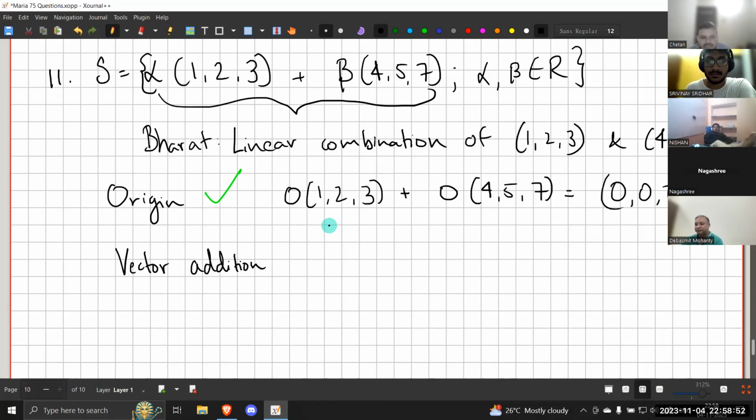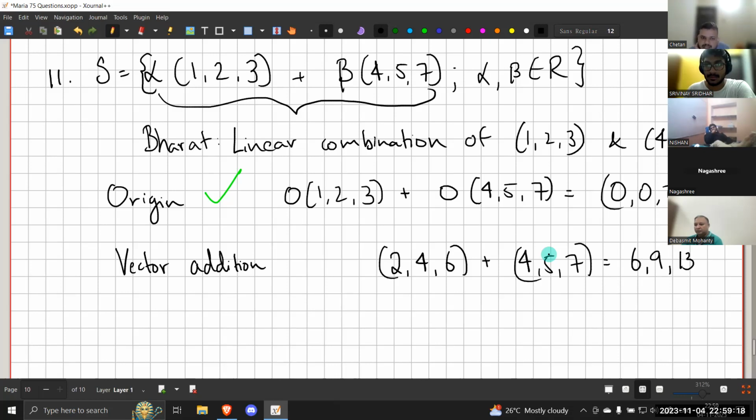I think this is going to test both vector addition and scalar multiplication, since we are multiplying by some scalar quantity and adding them as well. 2 times (1, 2, 3) plus 1 times (4, 5, 7) gives me the point (6, 9, 13). Does it lie in this set? Does it lie in the set?